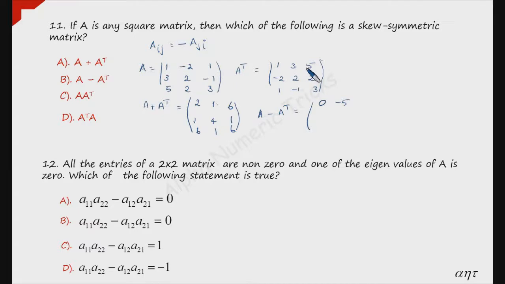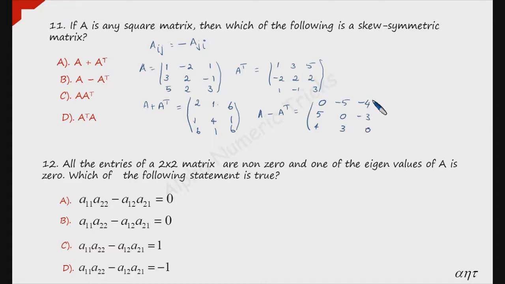The next one is 3 minus of minus 2, which is 3 plus 2, equal to 5. 2 minus 2 is 0, and minus 1 minus 2 is minus 3. The next one is 5 minus 1, which is 4, then 2 minus of minus 1, which is 2 plus 1, equal to 3. And 3 minus 3 becomes 0.